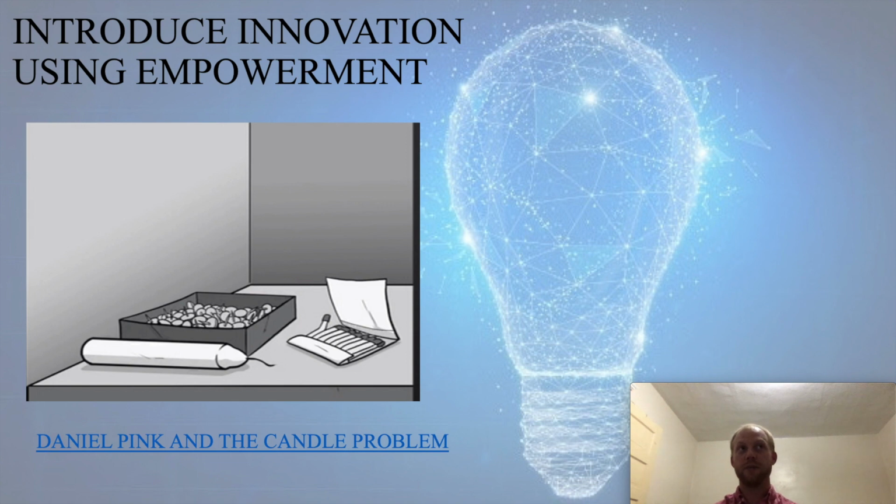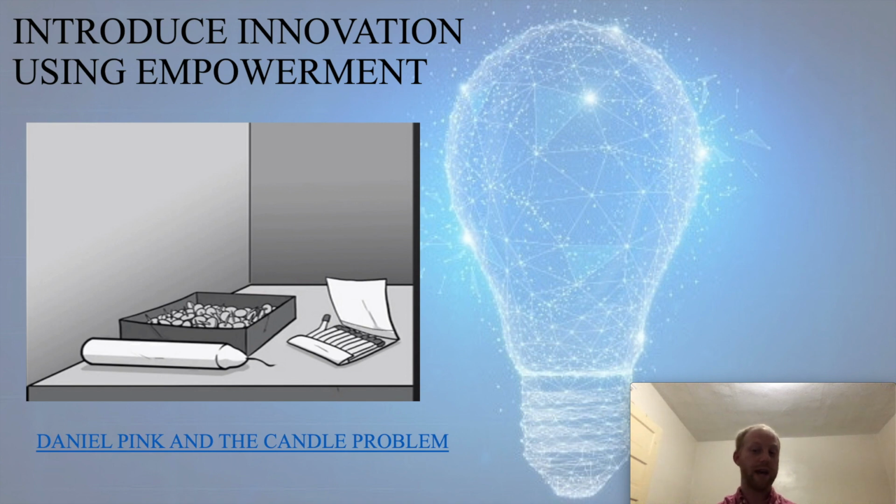And what was important that they found in this is that the groups that were offered a monetary reward or some other reward were slower than the groups who were just given autonomy of how they did it. They said, here's all the pieces, you guys solve the problem.